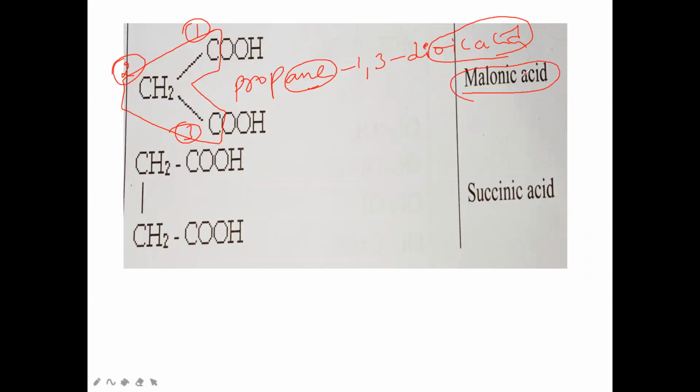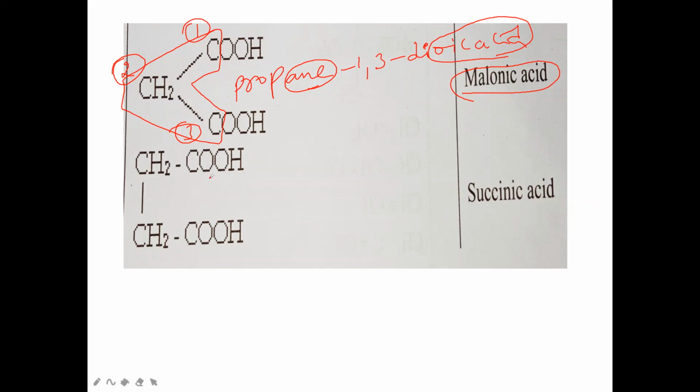Is the concept clear? Once take the screenshot of this. Okay, so it is malonic acid. So remember this common name, malonic acid. So malonic acid, what is the IUPAC name? Propane 1,3 dioic acid.